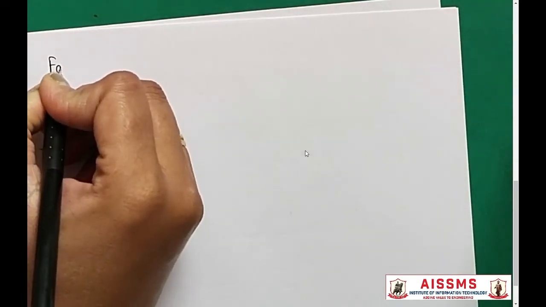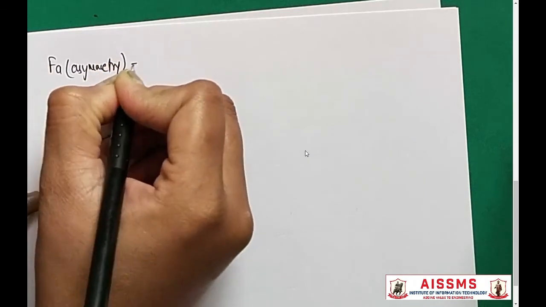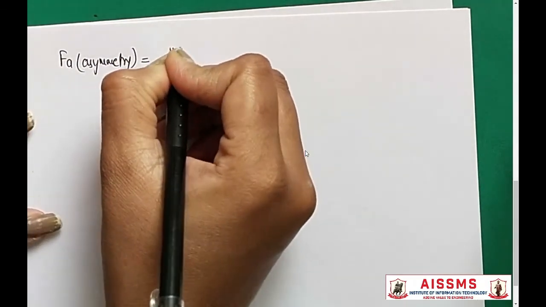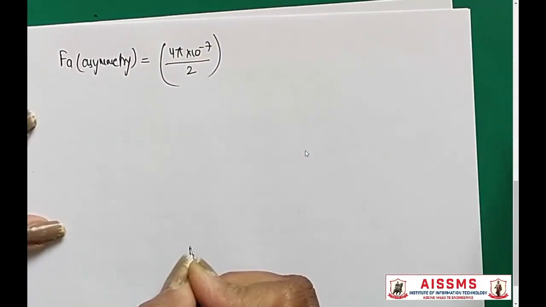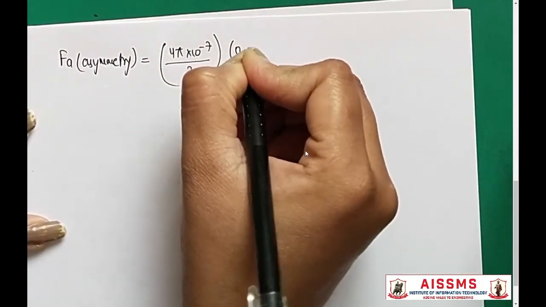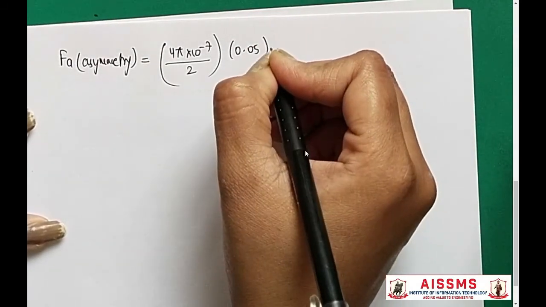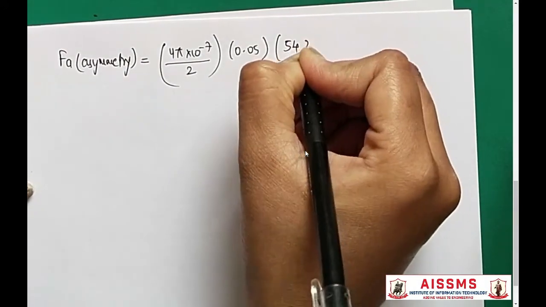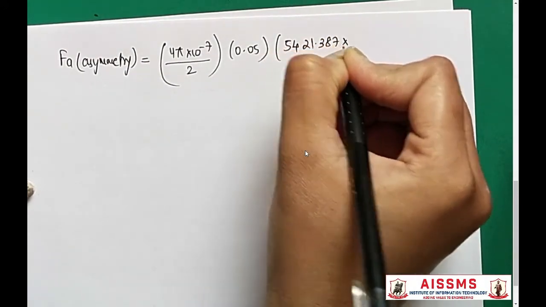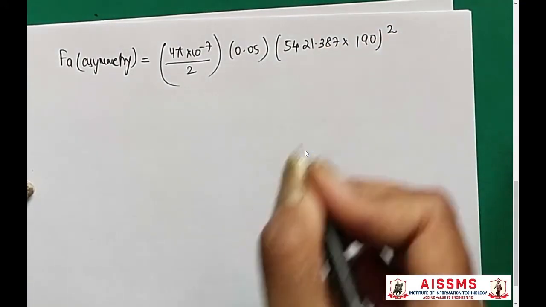So, we'll just directly put the values in the numerical. Axial force due to asymmetry is equal to mu naught, 4 pi into 10 raised to power minus 7, upon 2, K is 0.05, short circuit current 5421.387 into number of turns 190, the whole square.